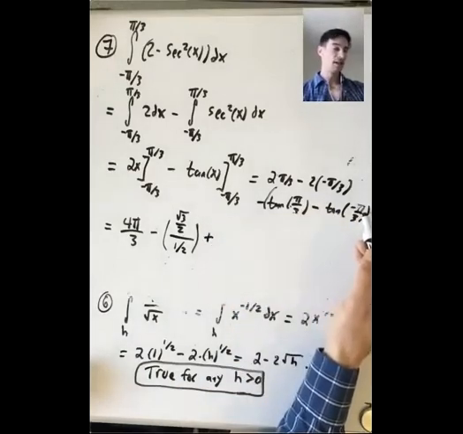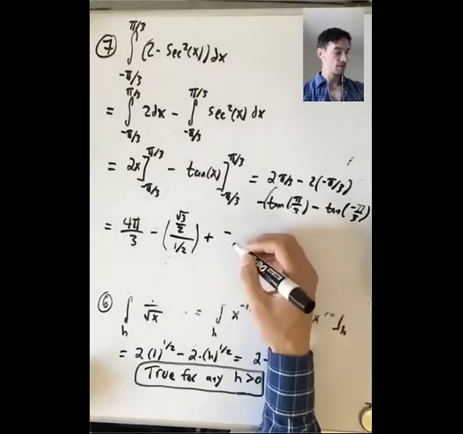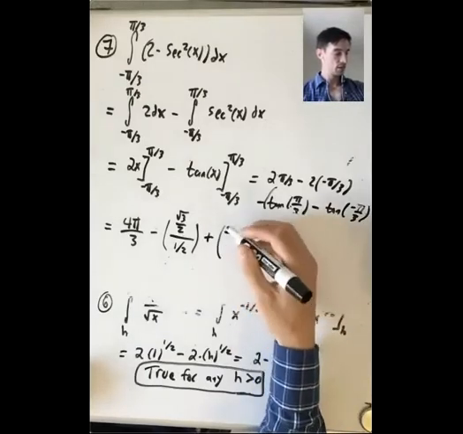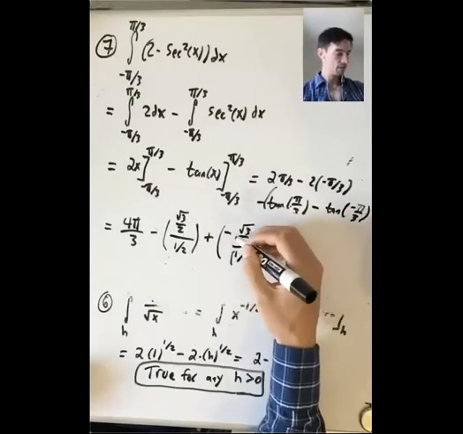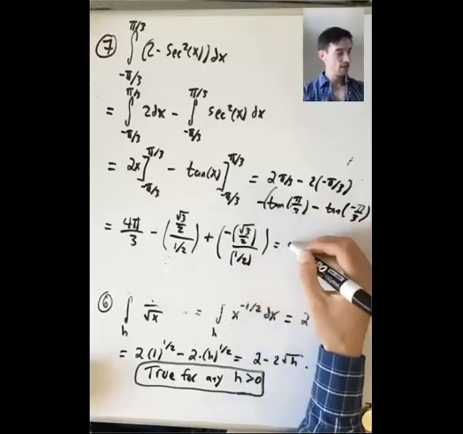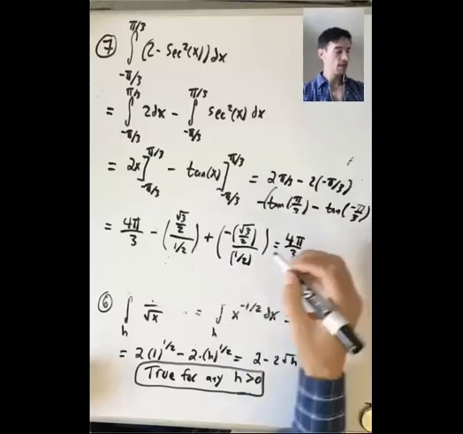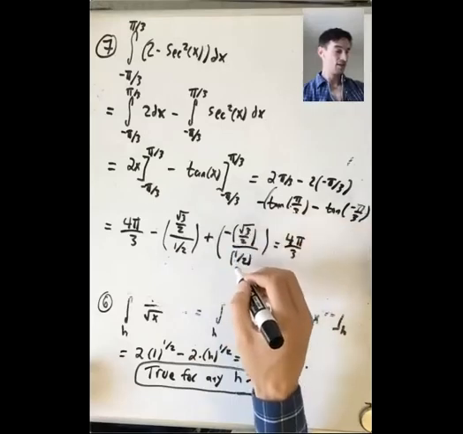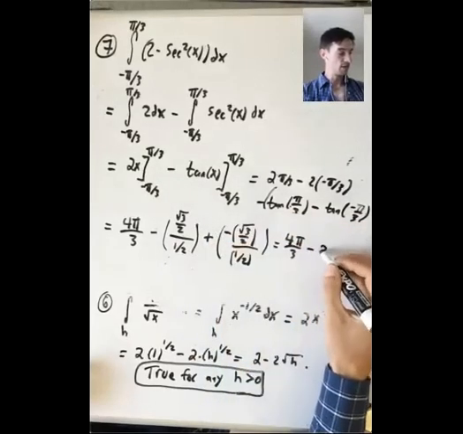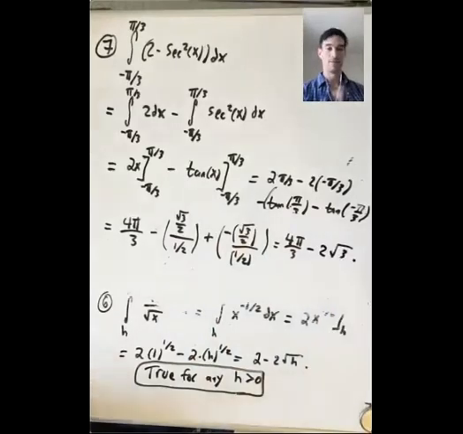The only difference is now sine is negative, so minus the same thing, square root of 3 over 2 divided by 1/2. So in the end, this is 4 pi over 3 minus square root of 3, and this is negative square root of 3. So we get minus 2 root 3. Okay, so this is just to give you a feeling for all of the different integrals that we can now compute using the second version of the fundamental theorem of calculus.